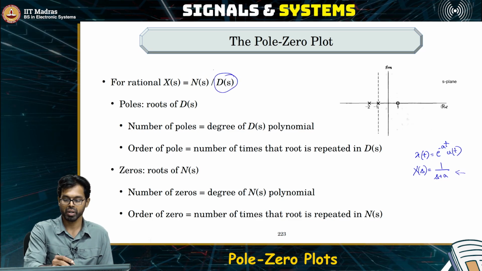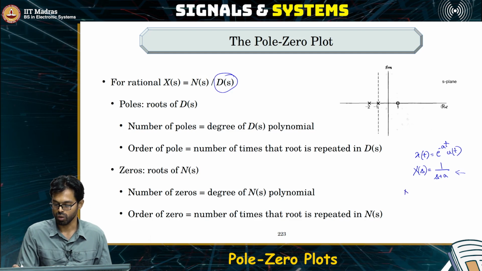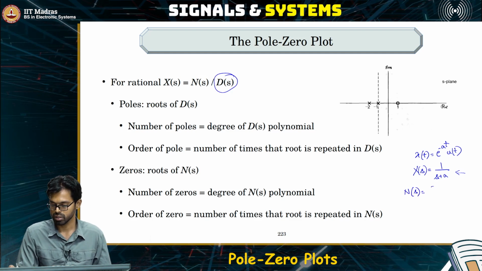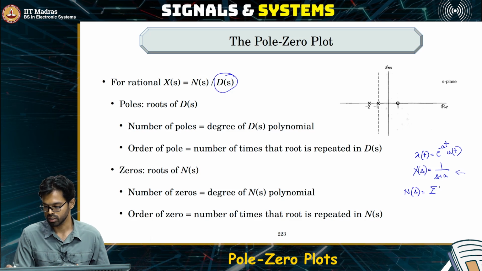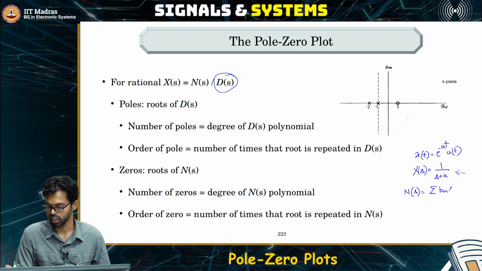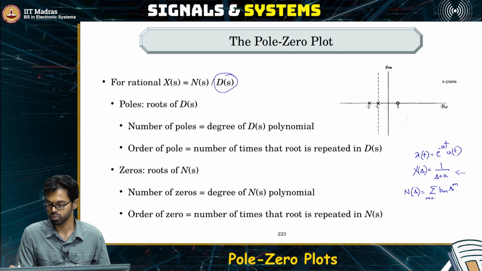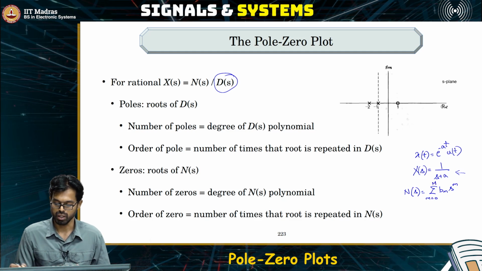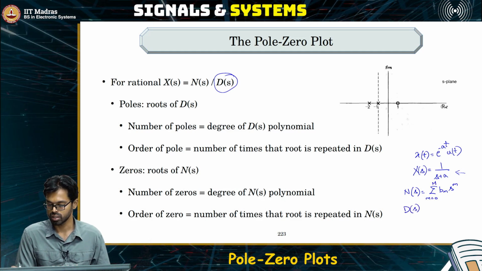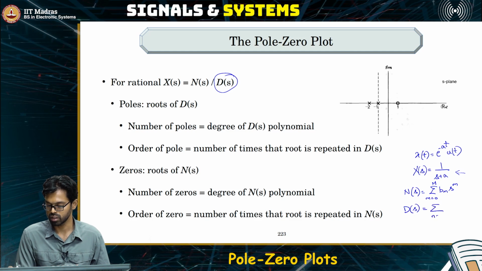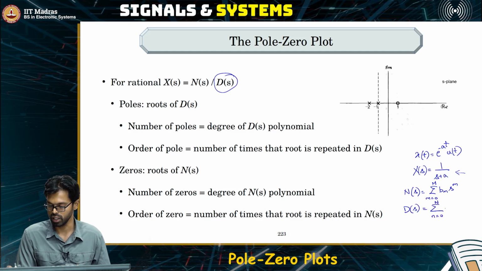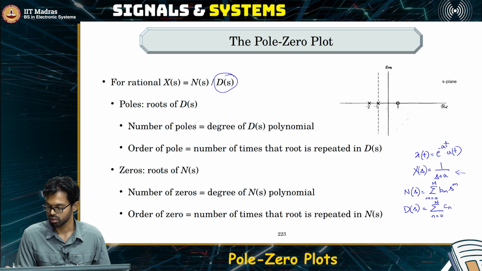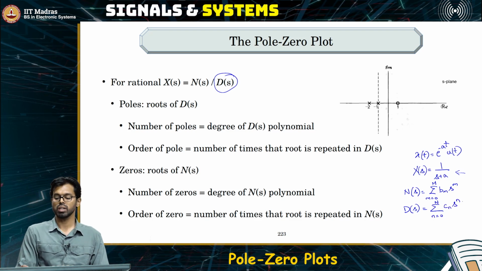So there is a polynomial here. N(s) is nothing but some polynomial, so let us say the sum of b_m s^m, where m goes from 0 to some capital M, and D(s) is the denominator polynomial, the sum where n goes from 0 to some capital N, of c_n s^n. So these are two polynomials.